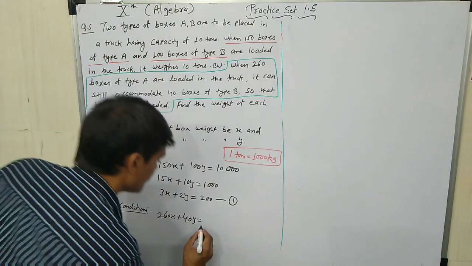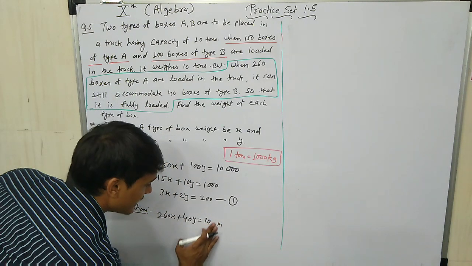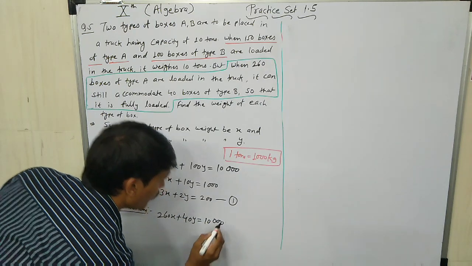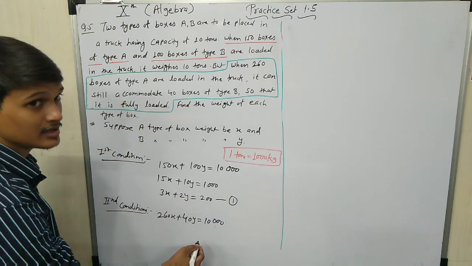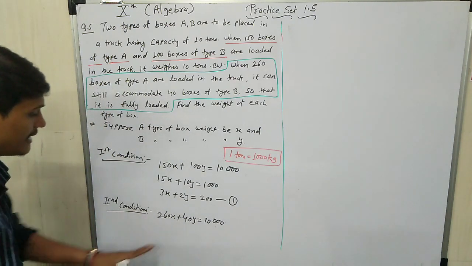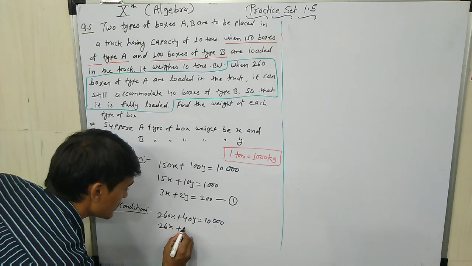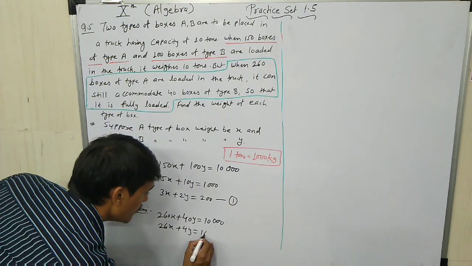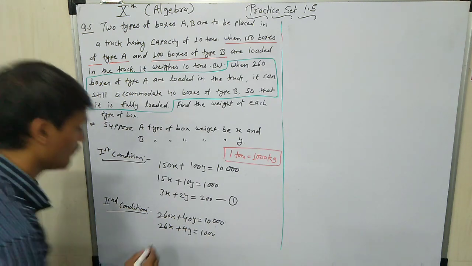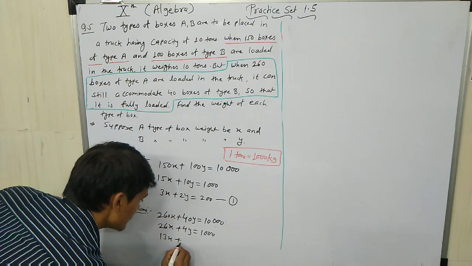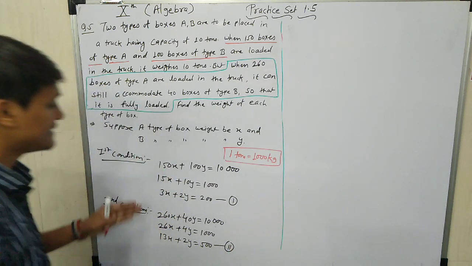The same, 10 tons. 10 tons means 10,000, because 1 ton is equal to 1000 kg, so 10 tons is equal to 10,000 kg. Now we divide by 10. 260x plus 40y is equal to 1000. Also divided by 20. What is the equation? 13x plus 2y is equal to 500. This is equation number 2.